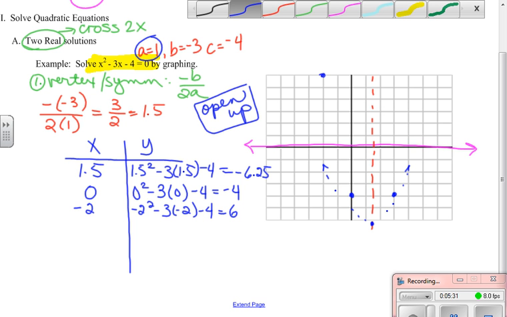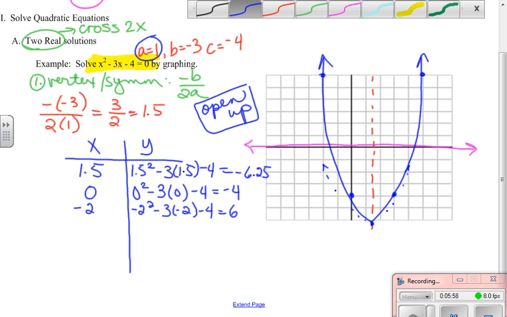My parabola is going to be clear up there. So that means also that over on this side, I'm going to have a point right there. And so I can go ahead and graph my parabola.